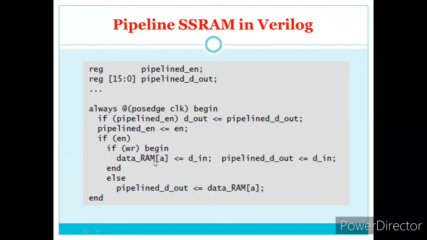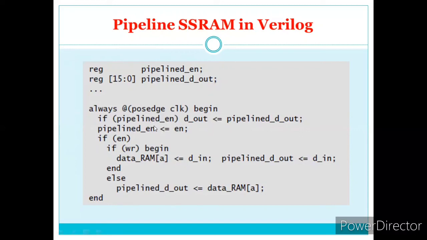So for write, data in goes to the RAM, and data in goes to the pipeline output, not to the external output. And if read is 1, whatever data is there in the memory is read to the pipeline output, and finally it is given to the output. So this is the modification we have to make in a Verilog program.